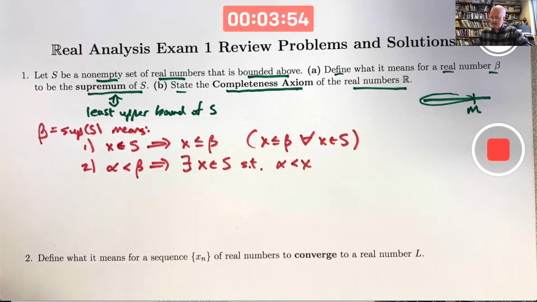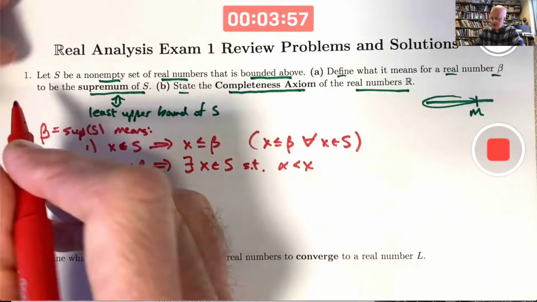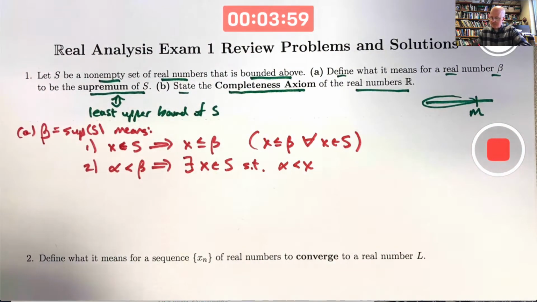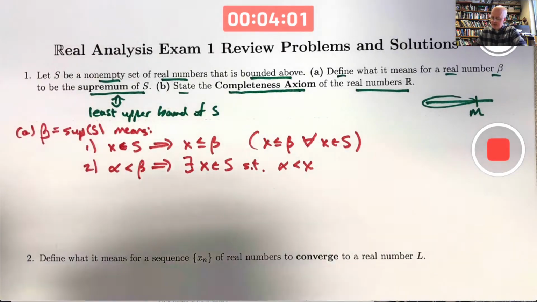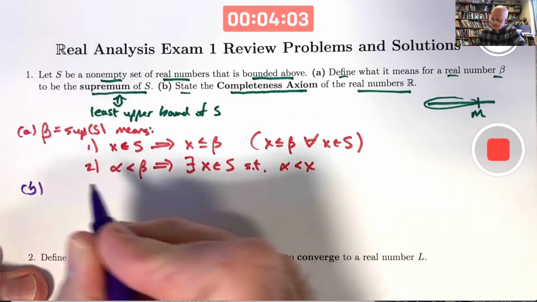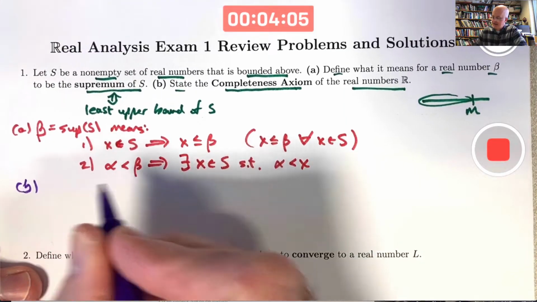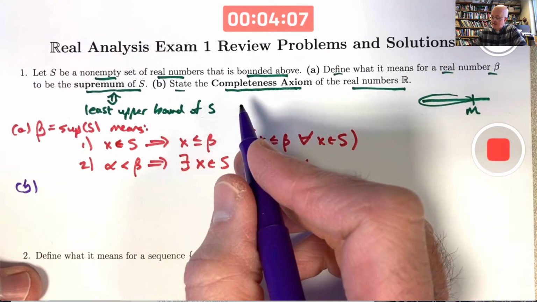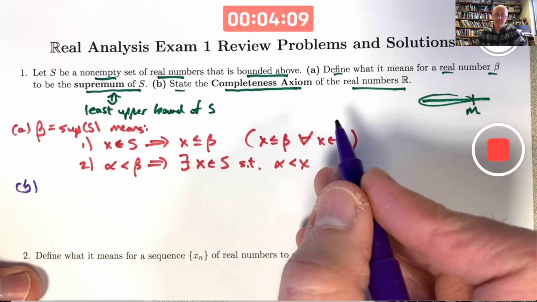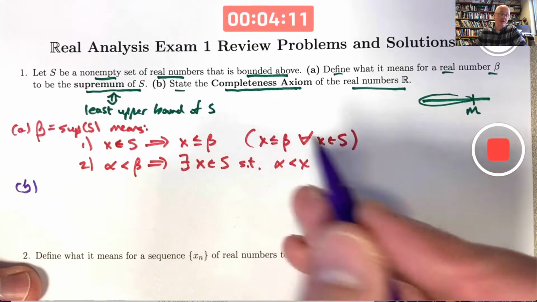What is the statement of the completeness axiom? This is part B here. The completeness axiom says that every non-empty set of real numbers which is bounded above has a supremum that is also a real number.